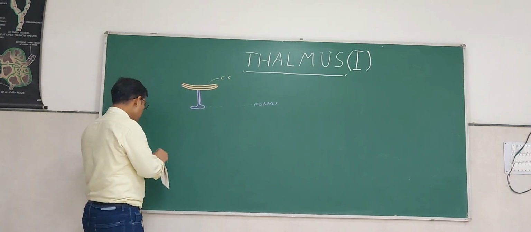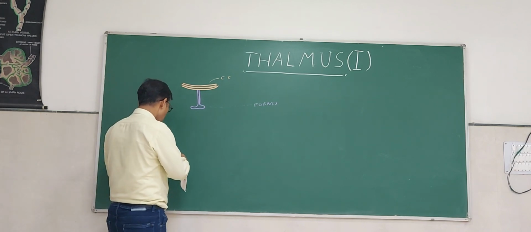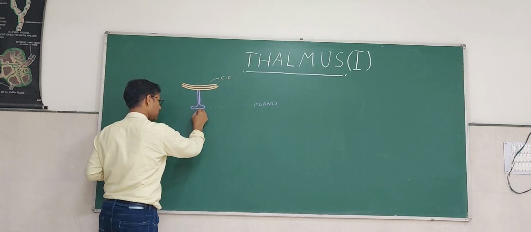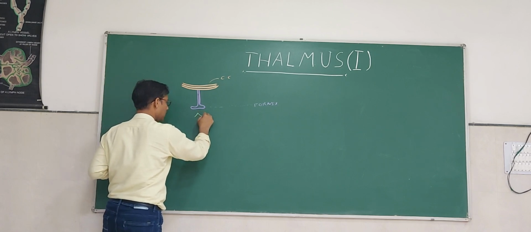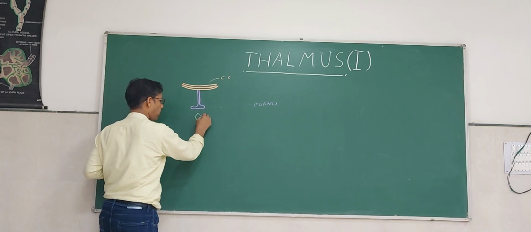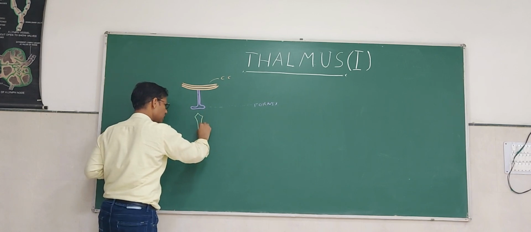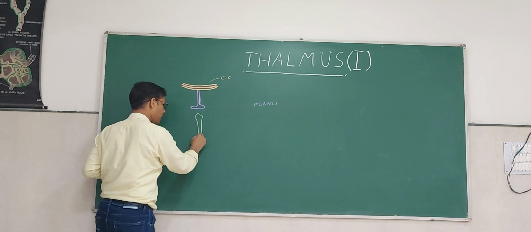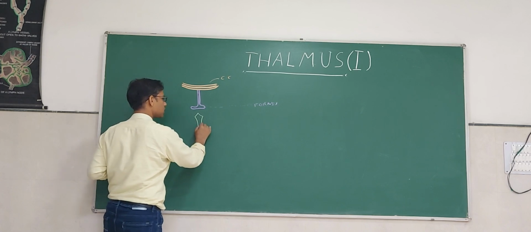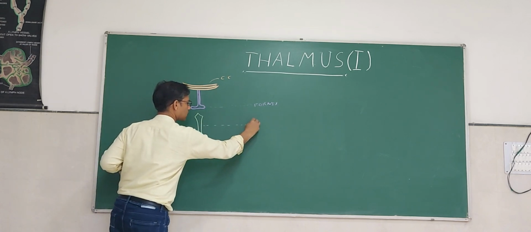Just below this, we can see another ventricle, a slit-like ventricle, and that ventricle is known as the third ventricle.